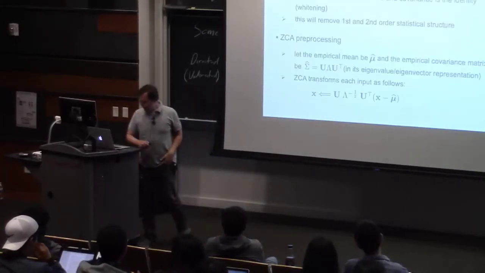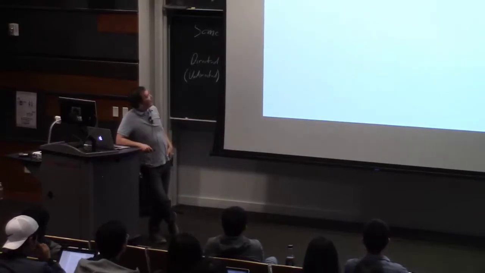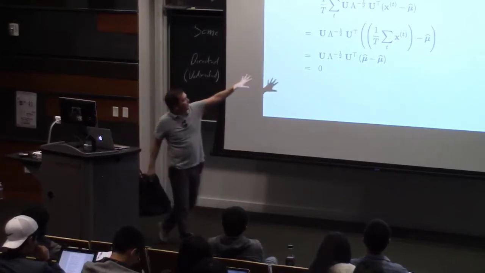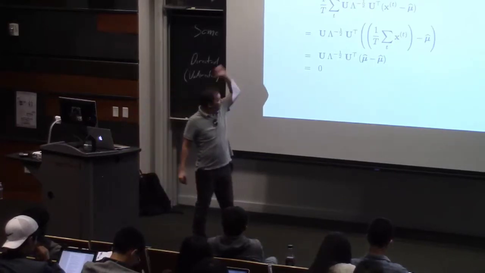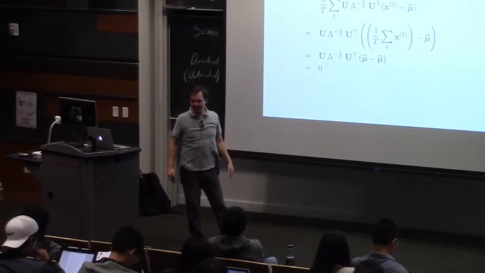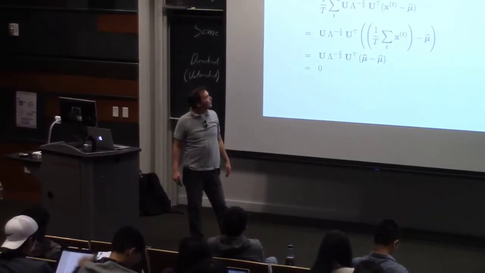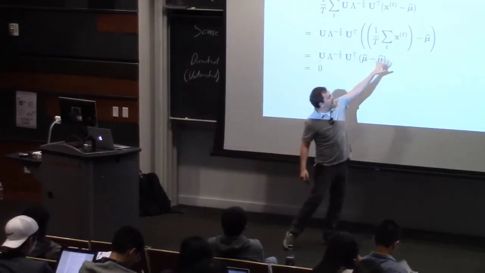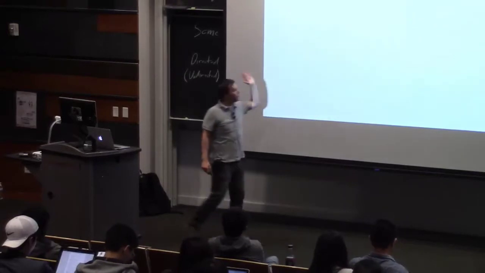Well, if we actually do this preprocessing, then the empirical mean is going to be zero, right? And you can just do it. You can just basically say, what if I look at this representation, I subtract the mean, obviously that's going to be zero, right? So you just push the sum inside, take the average, so the empirical mean is going to be zero.